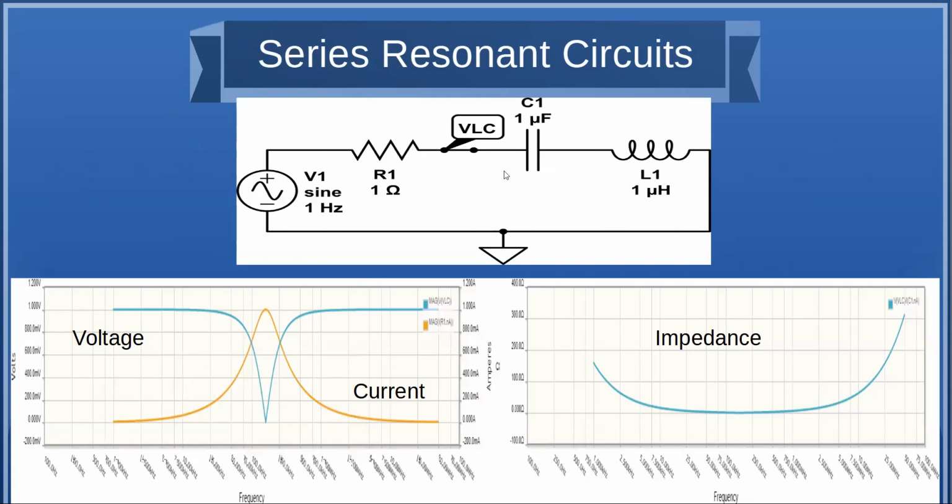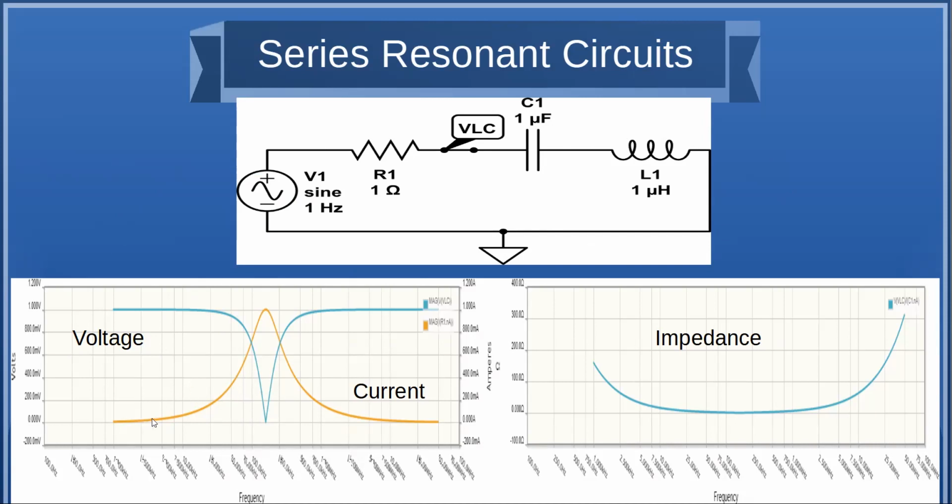Here's that circuit with a 1 microfarad capacitor and a 1 microhenry inductor, and we applied a sine wave to it. You can't read it here, but at 159 kilohertz, in this series circuit, the voltage across these two components goes to 0.